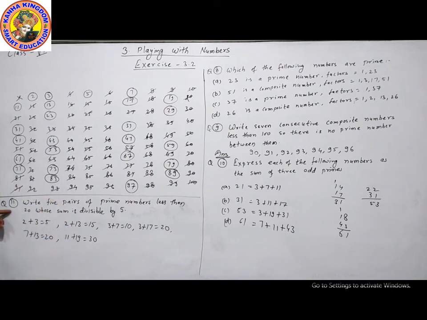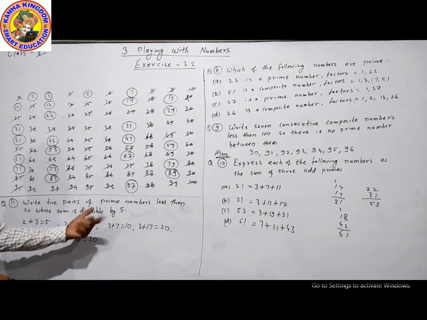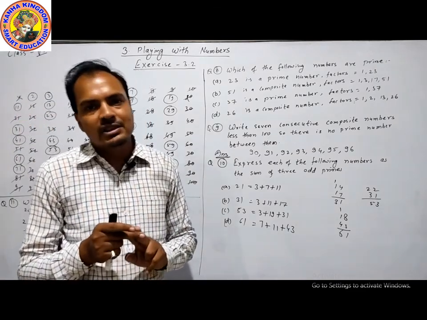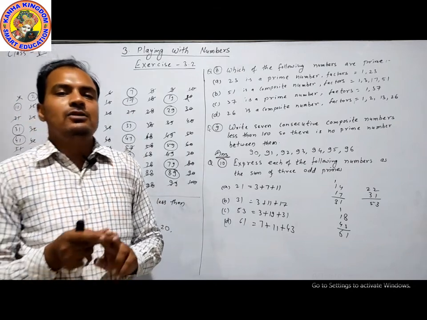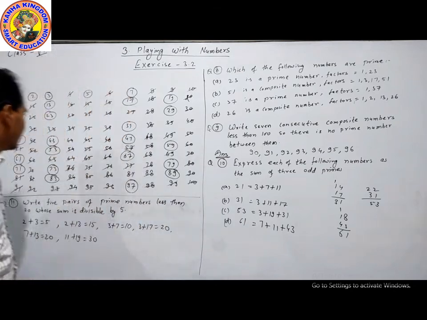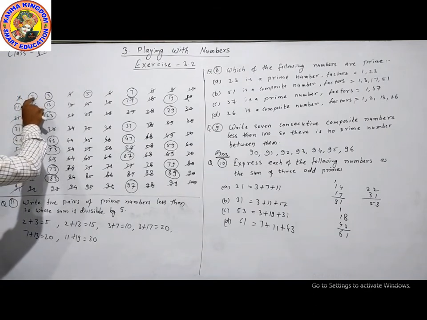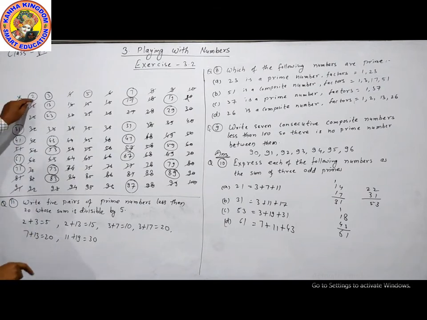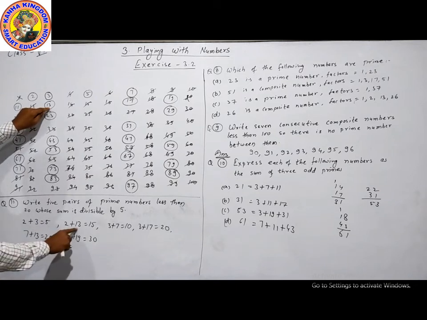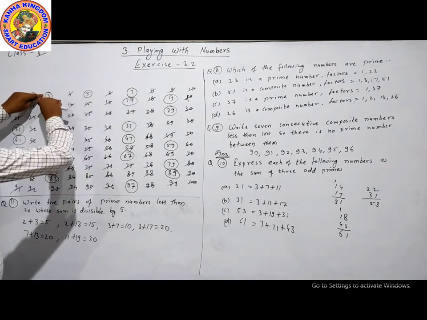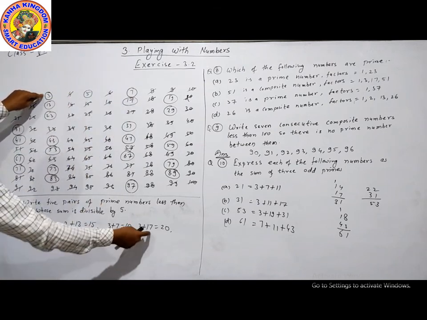Next is question number 11. Write 5 pairs of prime numbers less than 20 whose sum is divisible by 5. We will take two prime numbers below 20 so that the addition of them will be divisible by 5. 2 plus 3 is 5, which can be divided by 5. Again 2 and 13 is 15. 15 can be divided by 5. Now taking 3 and 7 is 10, 3 and 17 is 20.